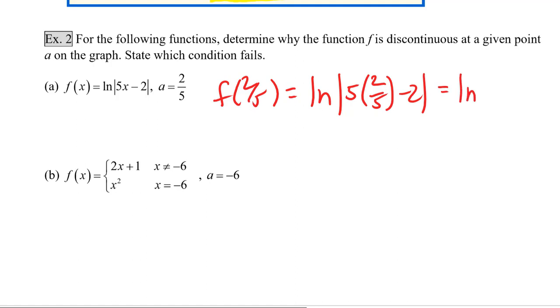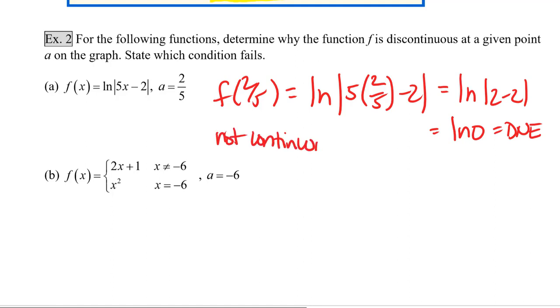This becomes the natural log of the absolute value of 2 minus 2, or the natural log of 0. Well, 0 is not in the domain of the natural log function, so the natural log of 0 does not exist. So we're not continuous because f of 2/5 is undefined or does not exist.